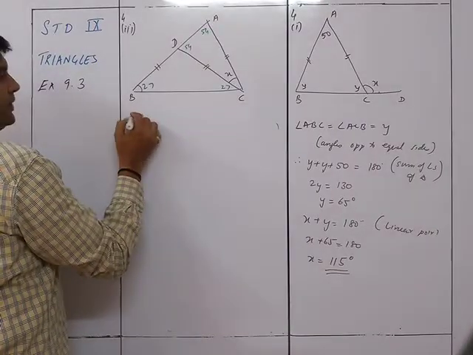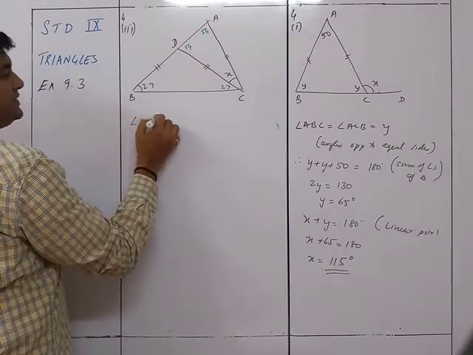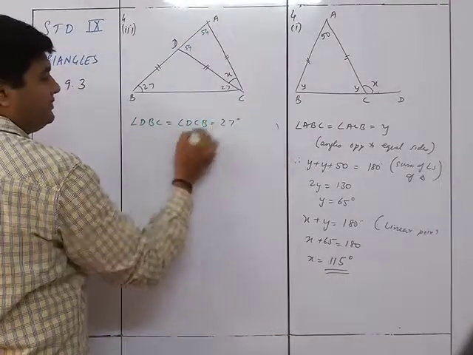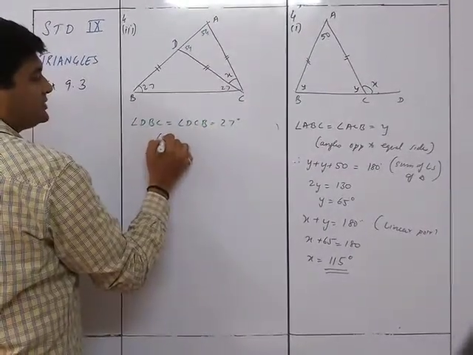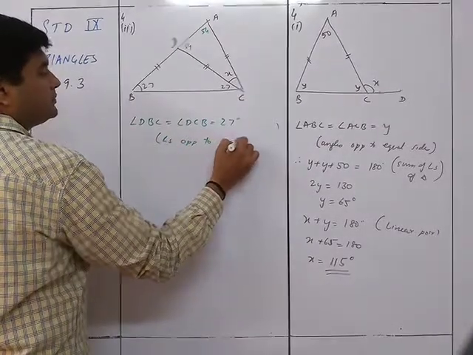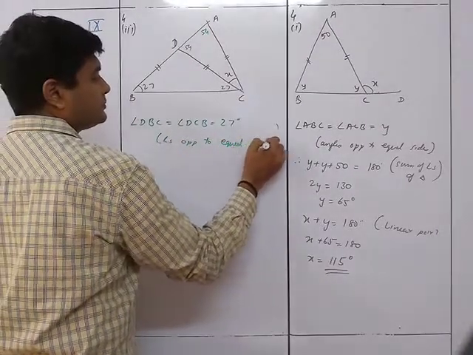Let's write it down. Angle DBC is equal to angle DCB is equal to 27 degrees, angles opposite to equal sides.